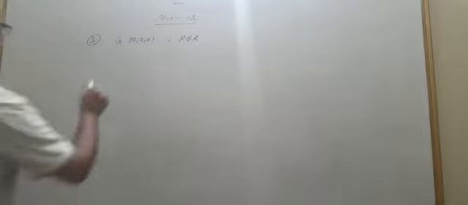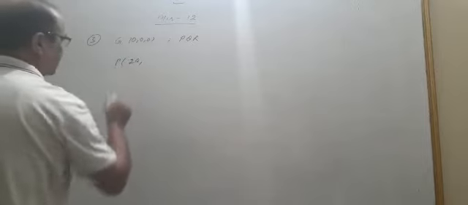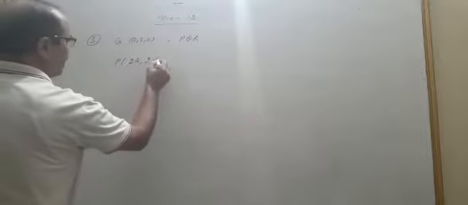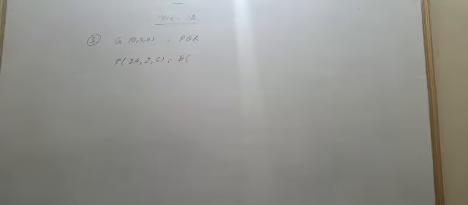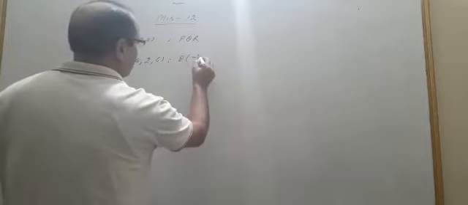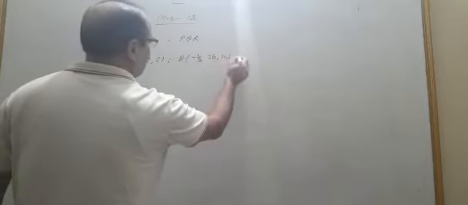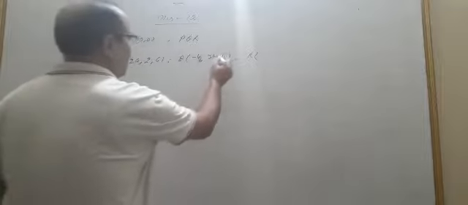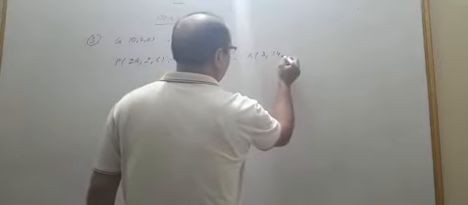Okay, with vertices, P having vertices 2a, 2, 6, and the point Q having vertices minus 4, 3b, minus 10, and the third point R, that is 8, 14 and 2c.